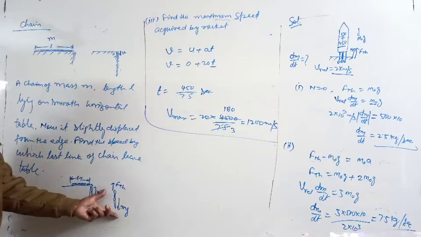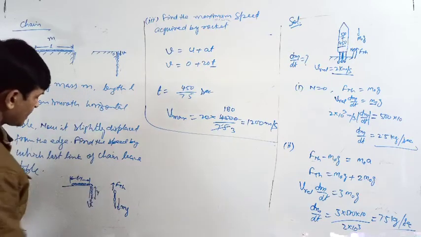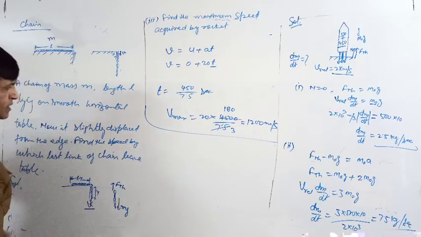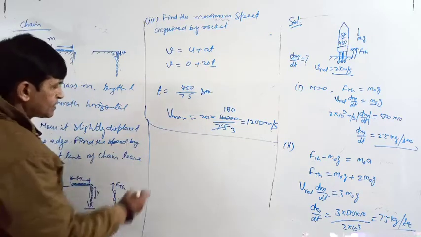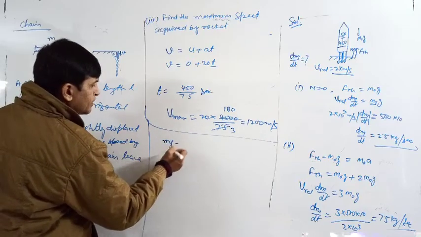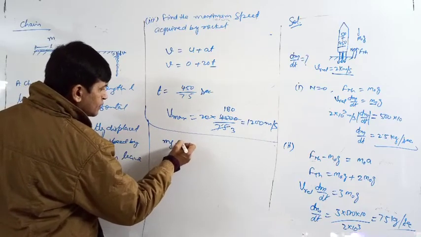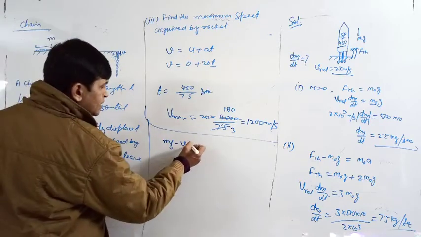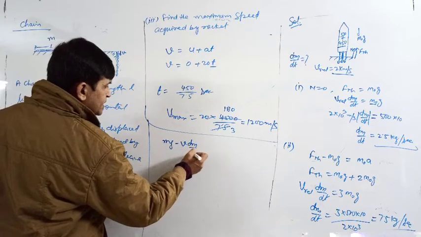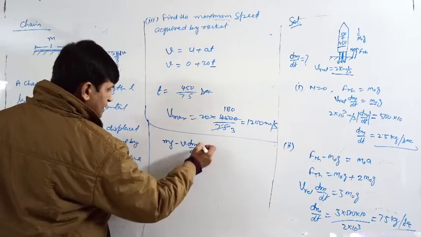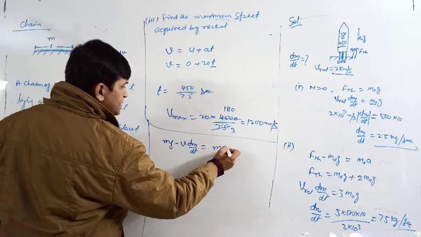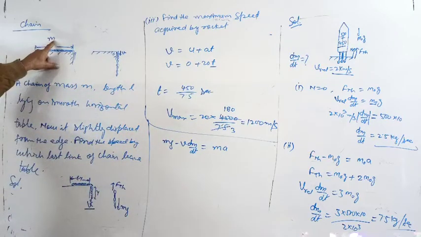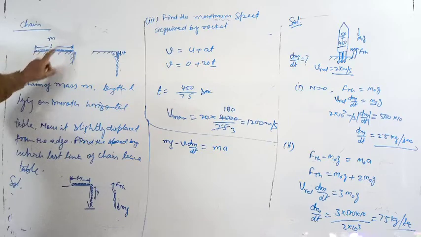Now, how to write the equation of this? This has velocity v. Making the equation, mg minus thrust, which is v relative times dm by dt, is equal to m into a. Now how much is m? L is the length of the chain, M is the mass.